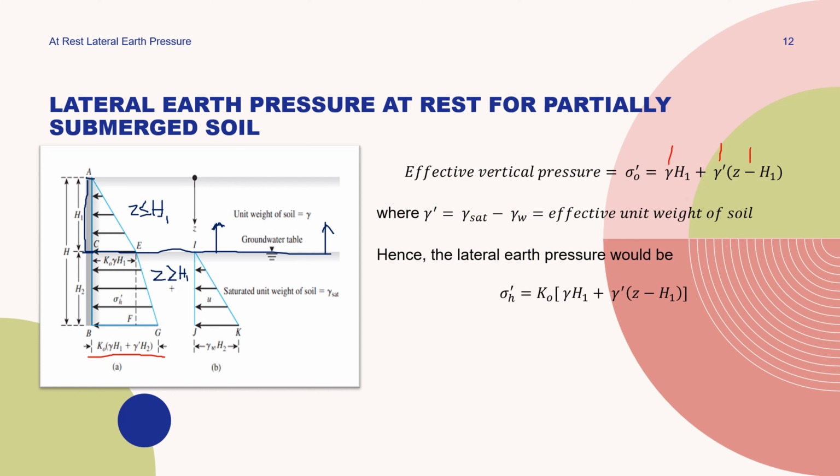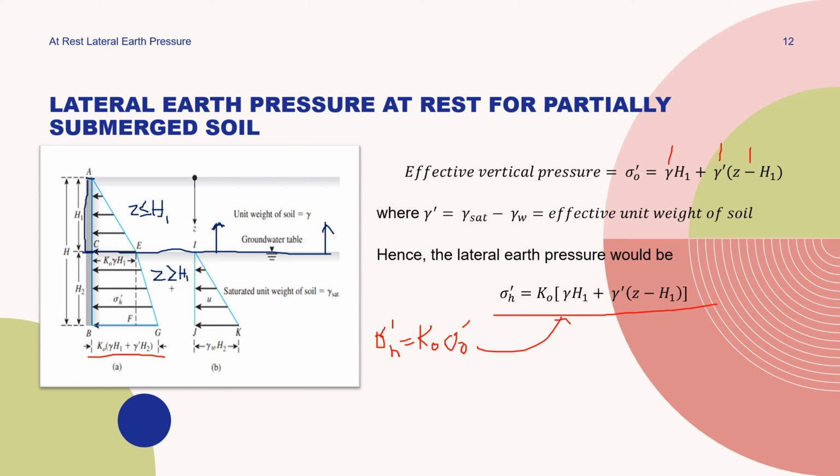Diri na siya magamit ang properties of soil from chapter 1, where makuha na siya gamit ang i-minus ang unit weight of water sa unit weight nga saturated. Hence ang lateral earth pressure kung i-substitute ang sigma prime O sa kana nga formula, mahimo siyang ingana.